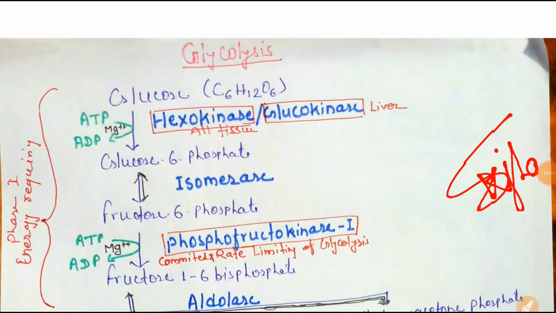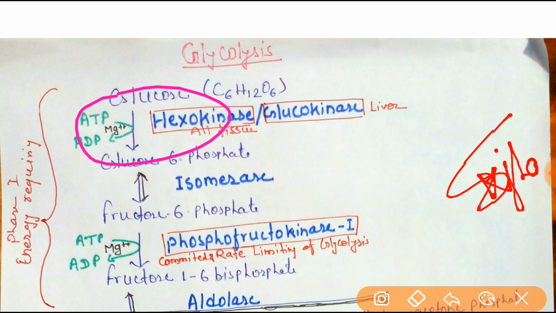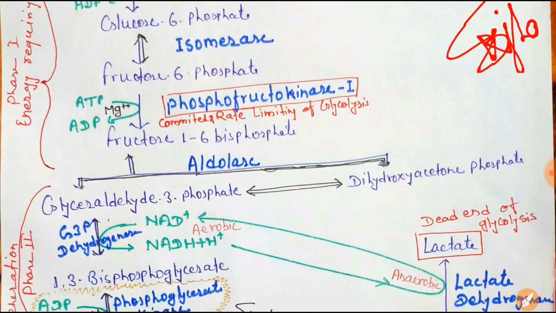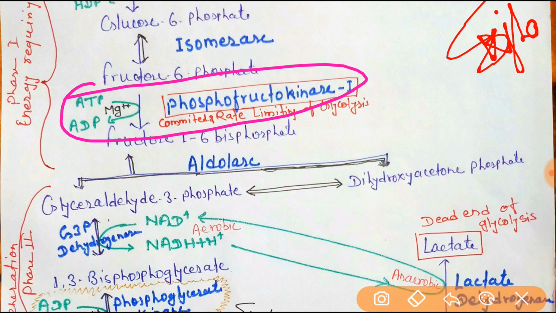Start with first, glucose to glucose 6 phosphate, that means glucokinase or hexokinase is used. Next irreversible step is fructose 6 phosphate to fructose 1,6 bisphosphate, where phosphofructokinase 1 is used as an enzyme.